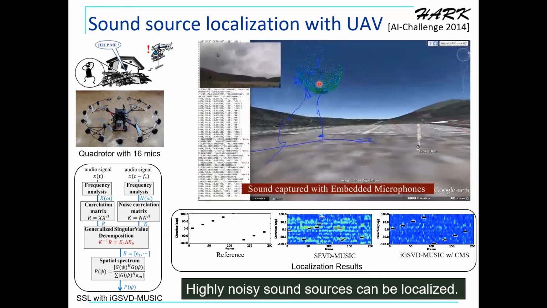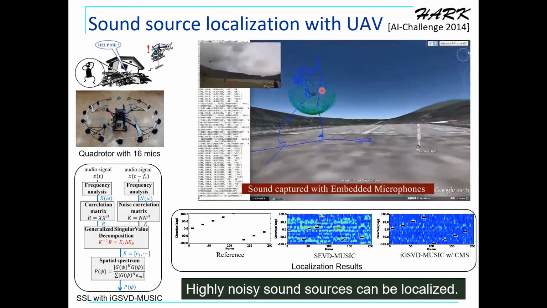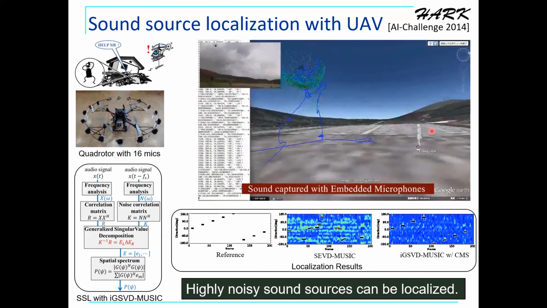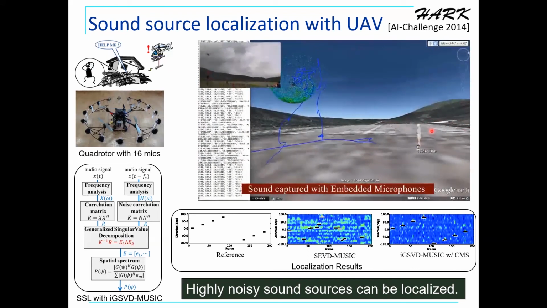You can see the drone can still detect the sound. Humans cannot detect the sound anymore, but the drone can. An online demo will be presented by Professor Kumon later.